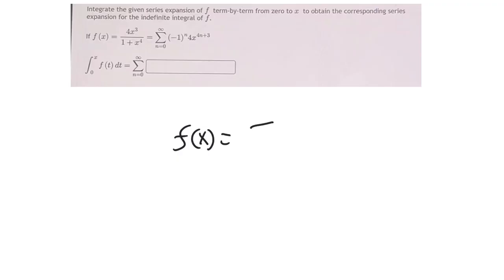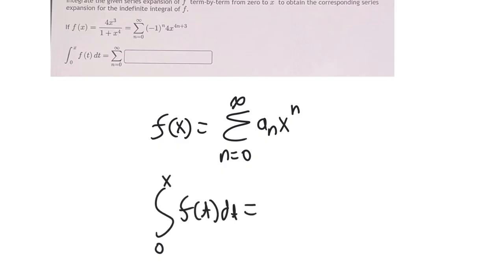So the concept involved is such that f of x equals the sum from n equals 0 to infinity of a sub n x to the n, where a sub n is maybe some constant out front. If you were to do the integral from 0 to x, it would be this.